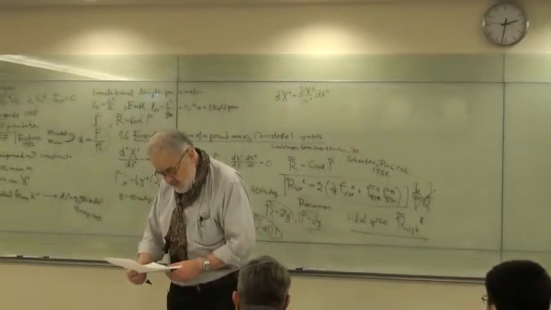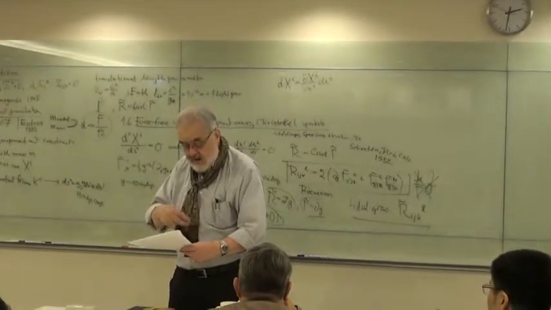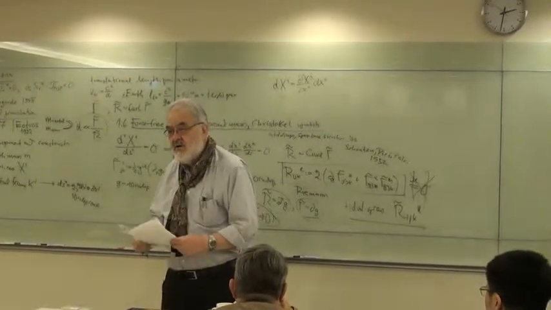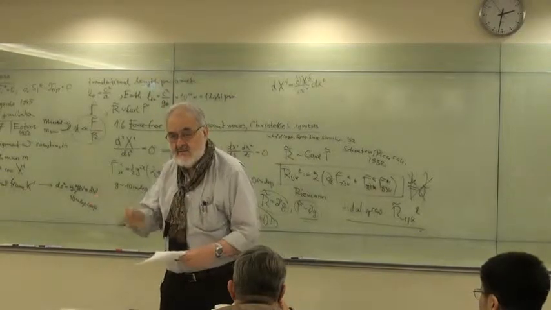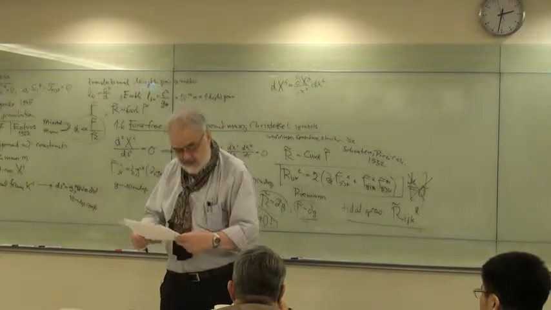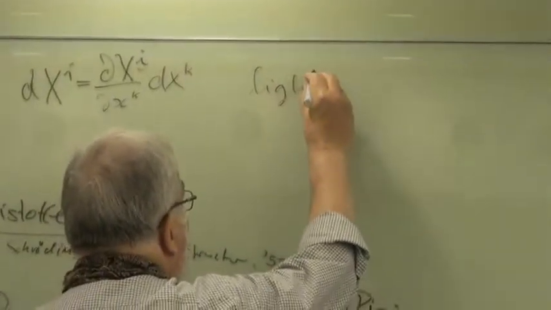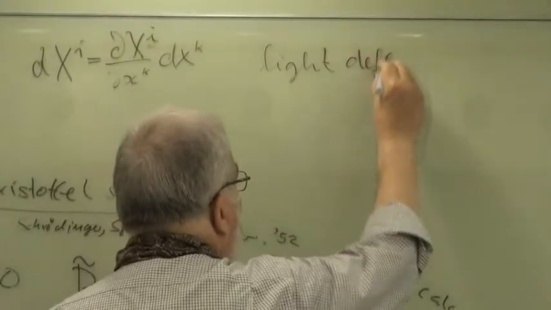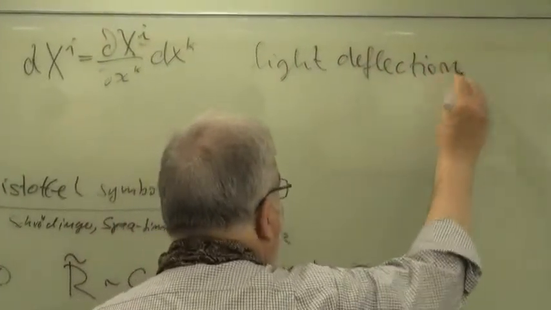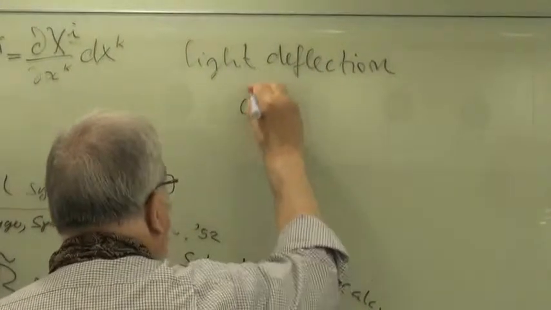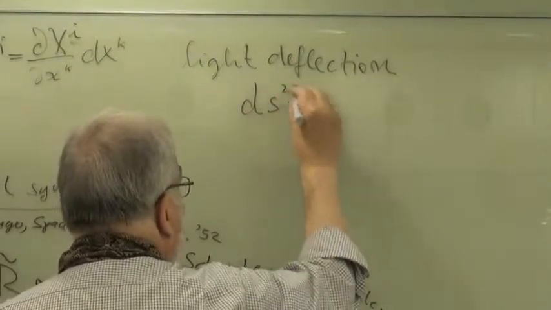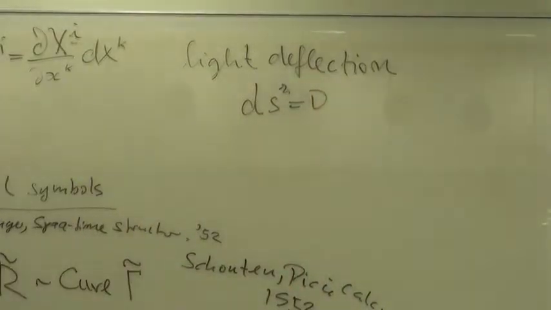The other thing is that one consequence which Einstein drew from this consideration is that light must be deflected by the gravitational field. And this is very simple, light deflection. You just write down the equation of a light ray: ds squared equals 0. A light ray you can get by taking Maxwell's vector equations and making a geometrical optics approximation, then you can extract light rays.